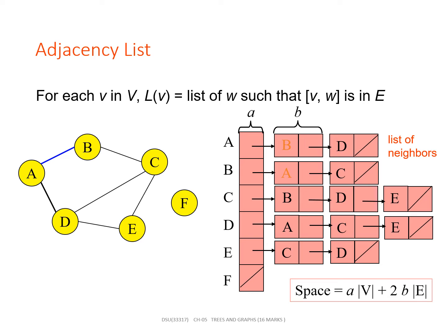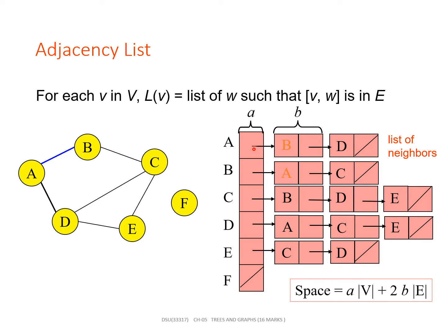So from this matrix, we can draw the list. For each V in V, the list is the set of W such that (V, W) is in E. Firstly we have to write all the nodes. Then this is the linked list representation. This is the null list.